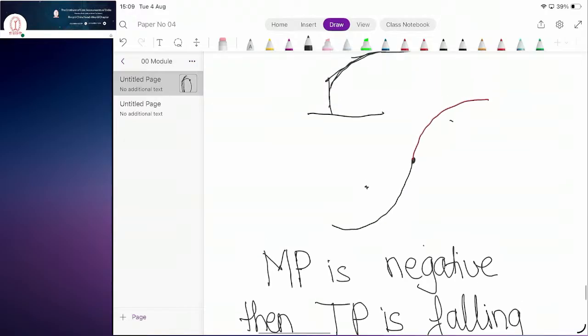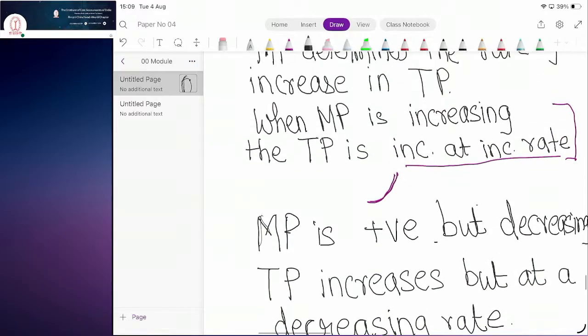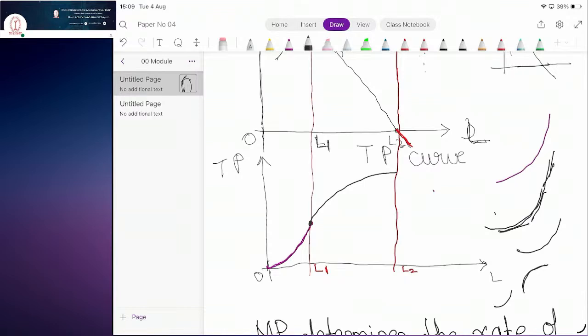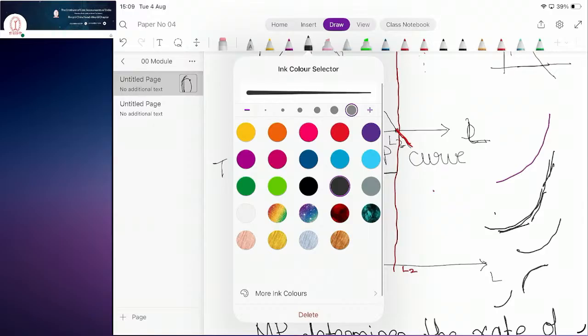So graphically, remember, when we reach L2, beyond L2 marginal product is becoming negative. So beyond this, when I am drawing the graph, my total output will decrease.